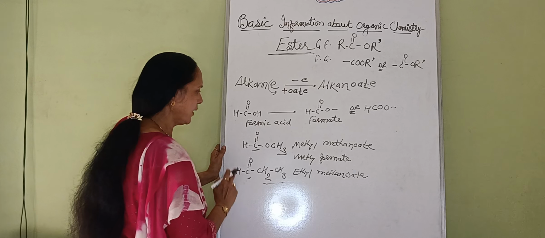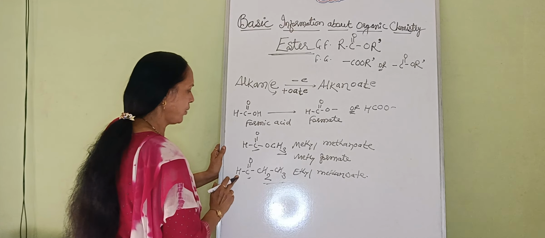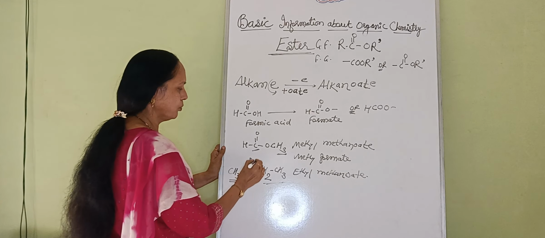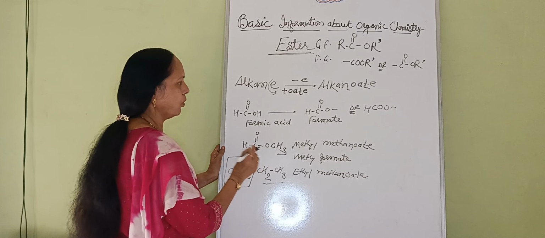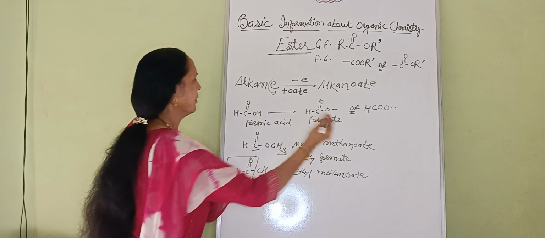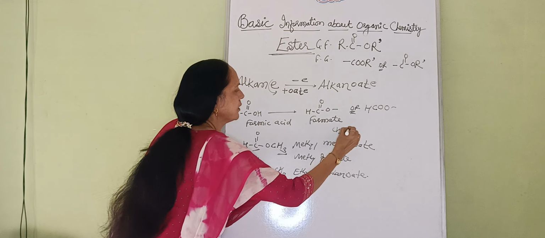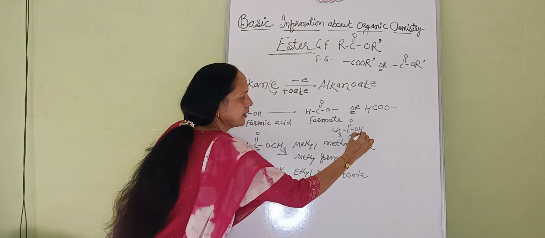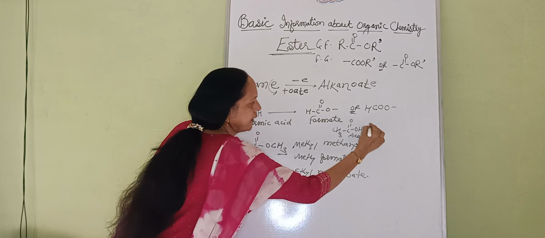Now I am changing one more compound. This CH3COO group is called acetate. I have not explained this yet, but if I write CH3C double bond OH, this is acetic acid.